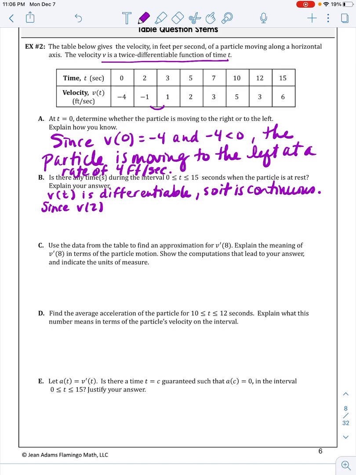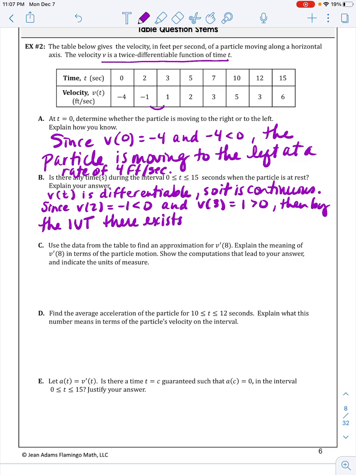Since v of 2 equals -1, which is less than 0, and v of 3 equals +1, which is greater than 0, then by the intermediate value theorem, there exists a time in that interval from 2 to 3 such that v of t equals 0 and the particle is at rest.